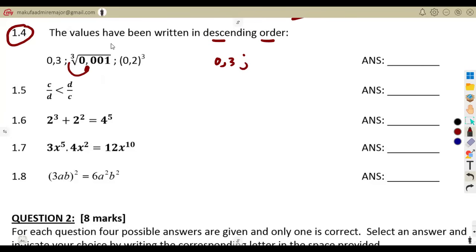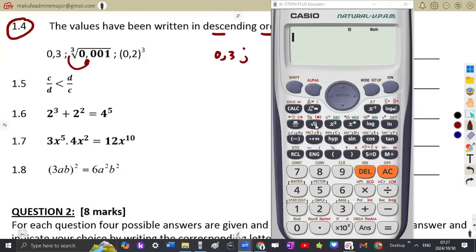You can see that the answer there is supposed to be 0.1. Use the cube root on your calculator with shift, of 0.001, which is 1/10, the same as 0.1.